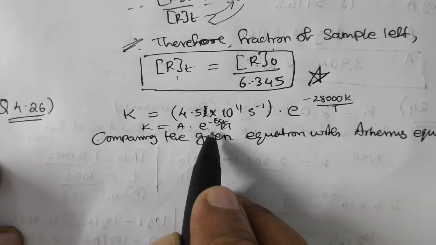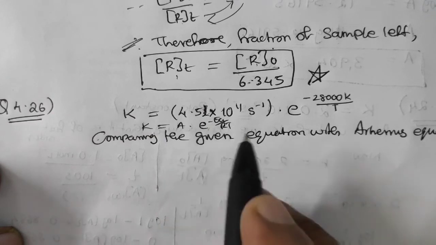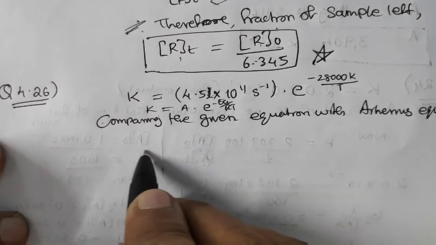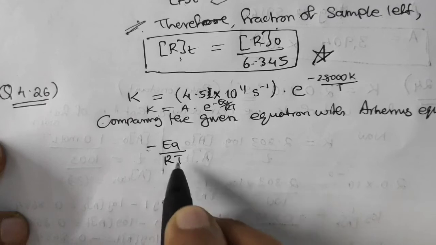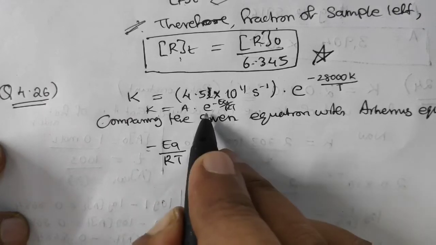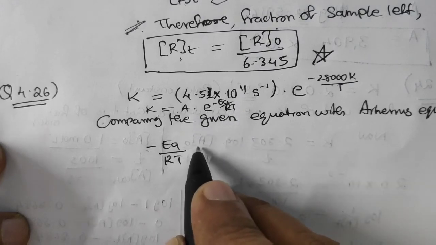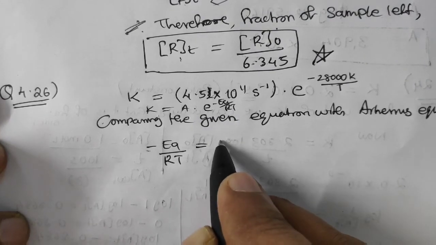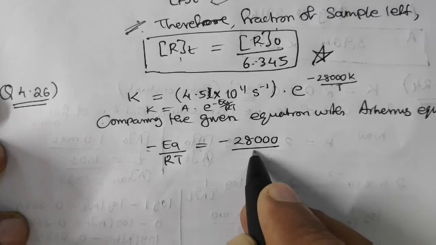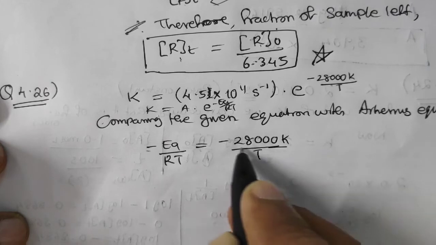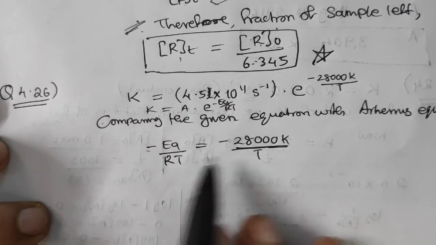Taking log on both sides, this will get cancelled, as log e to the base e will become 1. If you compare, you will get minus EA by RT is equal to minus 28000 by T, with K as given. So the value of EA by RT is this.